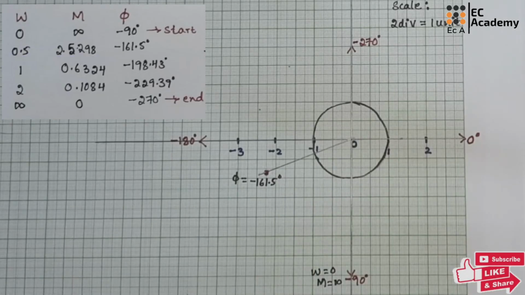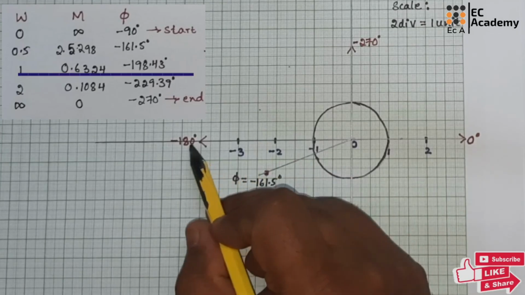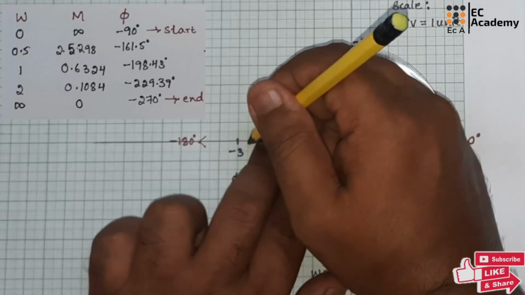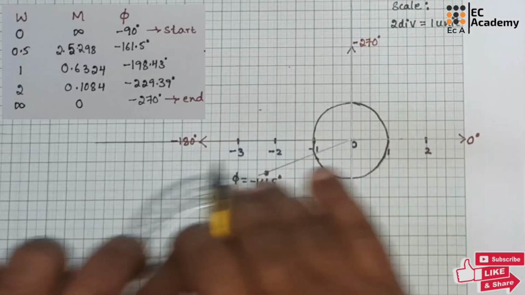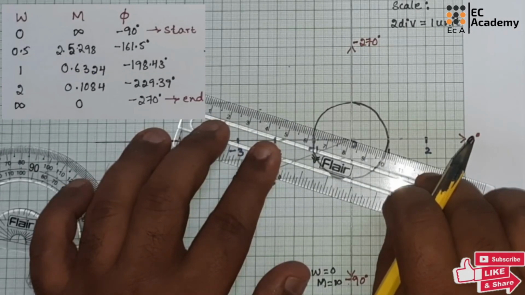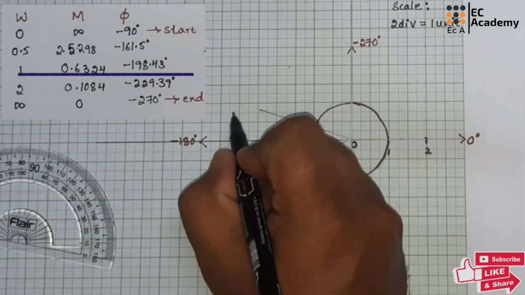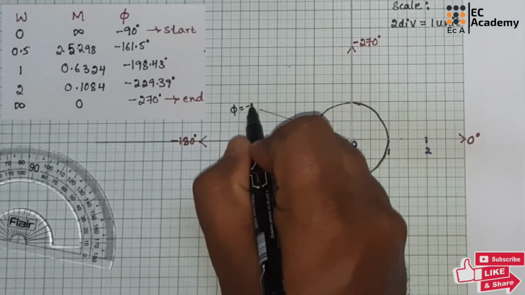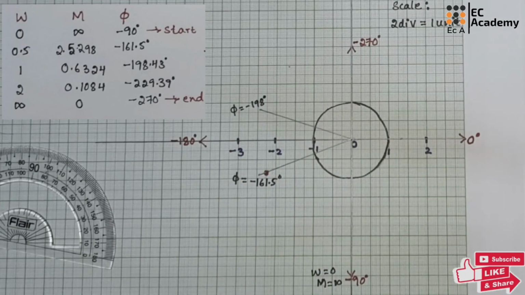Now we need to take the phase minus 198 degrees. Minus 198 degree is 18 degree from this 180 degree. If we measure 18 degrees from this point, somewhere here we will get the point. For this let us draw a tangent. This is minus 198 degrees, and for minus 198 degree the magnitude is 0.63.